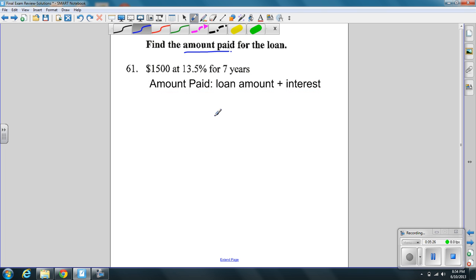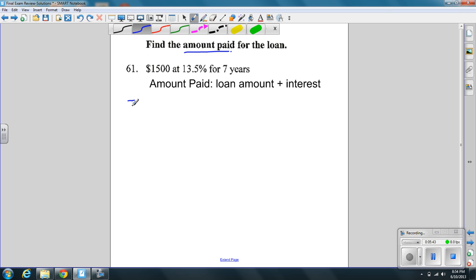Okay, so what we're going to do is find what the interest is, because I know what the total loan amount is. It's that $1,500. So I need to figure out how much interest I have to pay on that, and then I can find the total by adding the interest plus the $1,500.